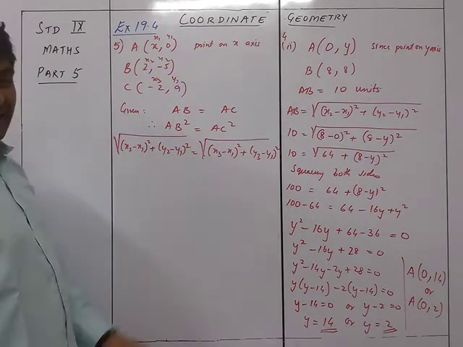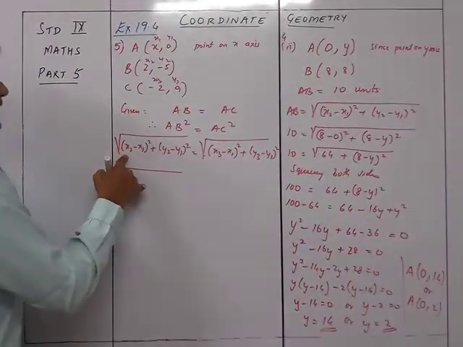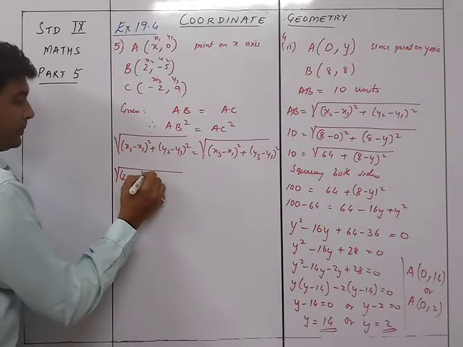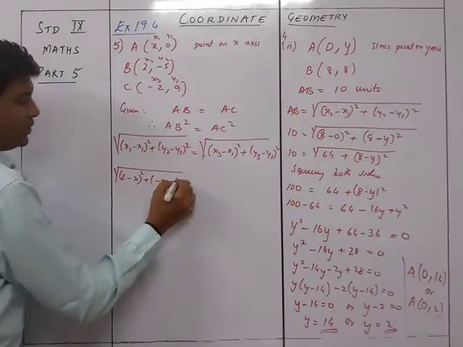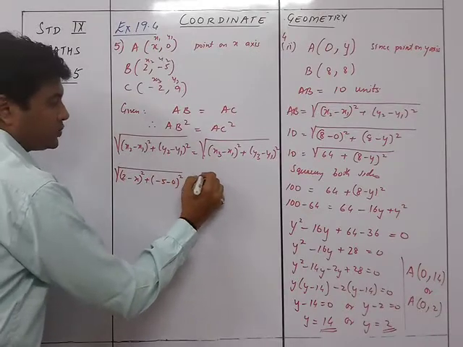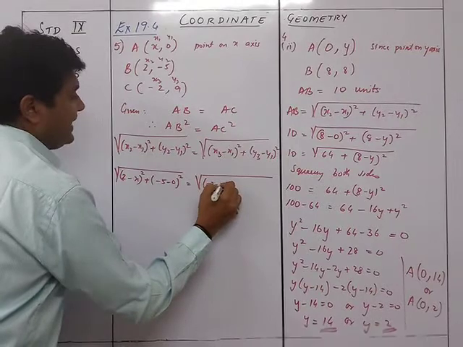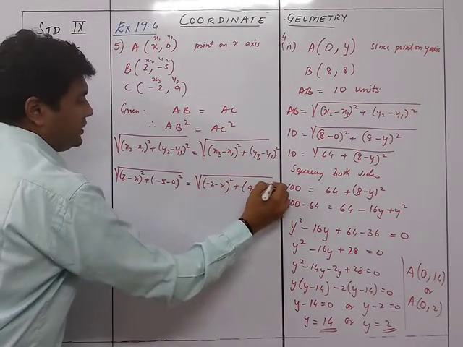That's why I am going to take this in the formula. So accordingly we have the square root of 2 minus x the whole square plus minus 5 minus 0 the whole square is equals to square root of minus 2 minus x the whole square plus 9 minus 0 the whole square.